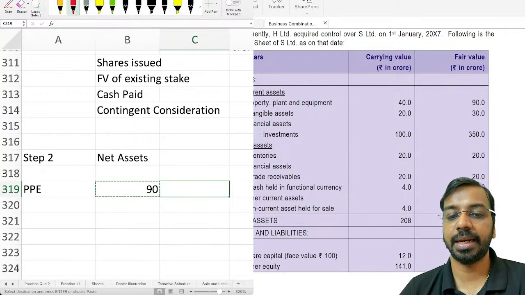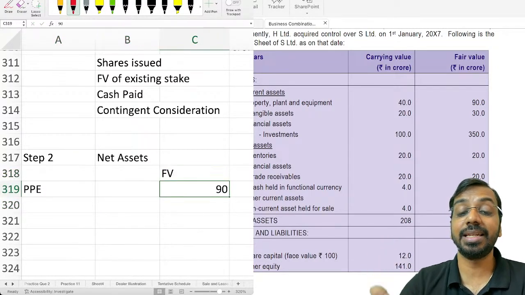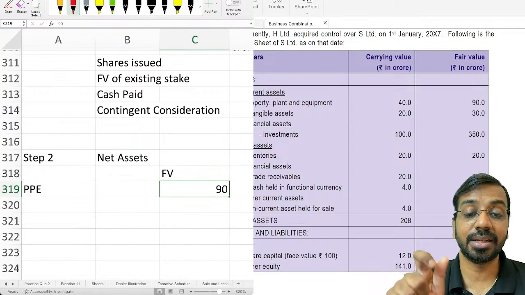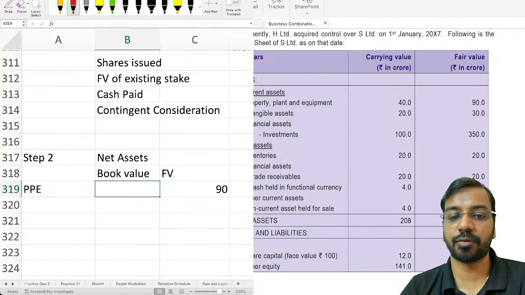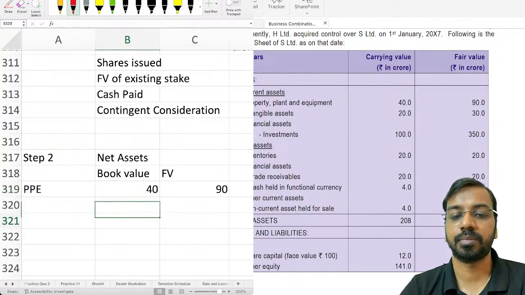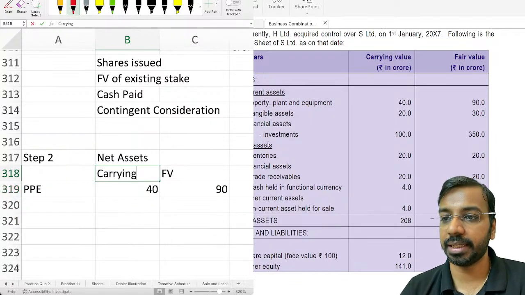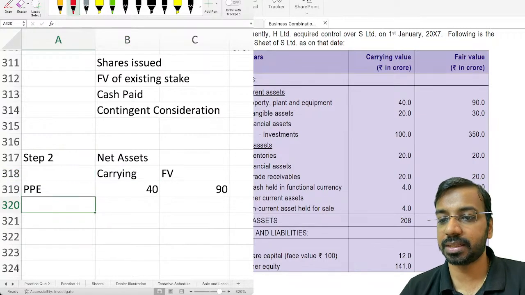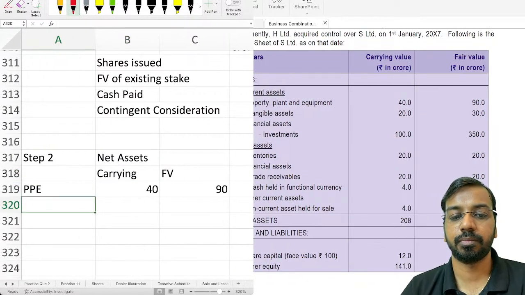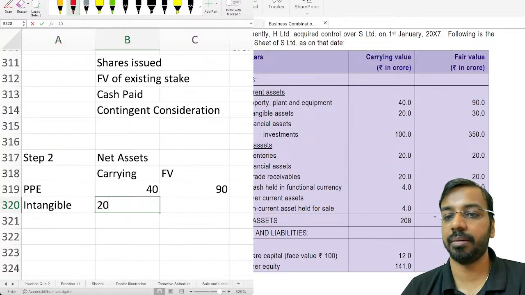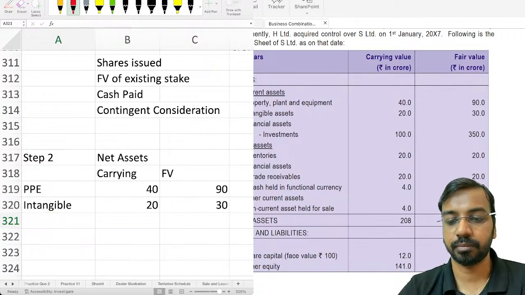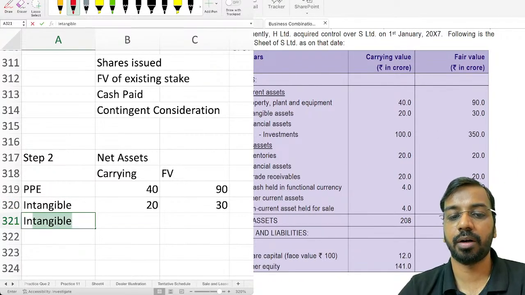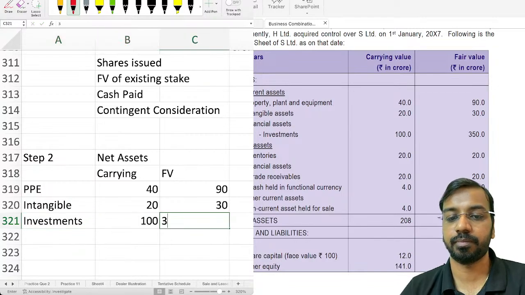Fair value is 90. Now please remember, in this case there is a deferred taxation implication. So we need to compare that with book value, or carrying amount. Carrying amount is 40 and fair value is 90. Then intangible assets 20, 30. Then investments 100, 350.